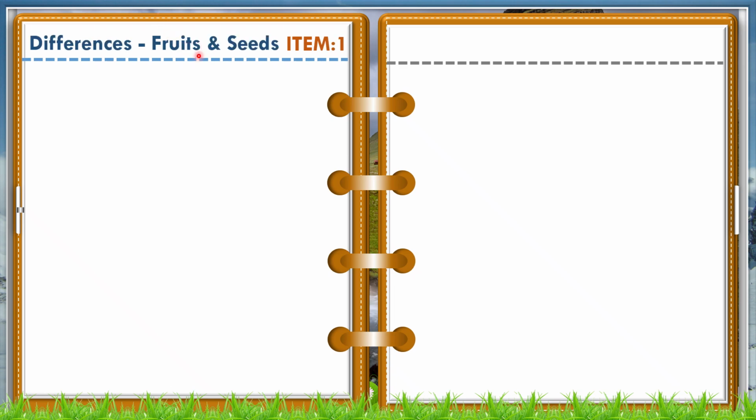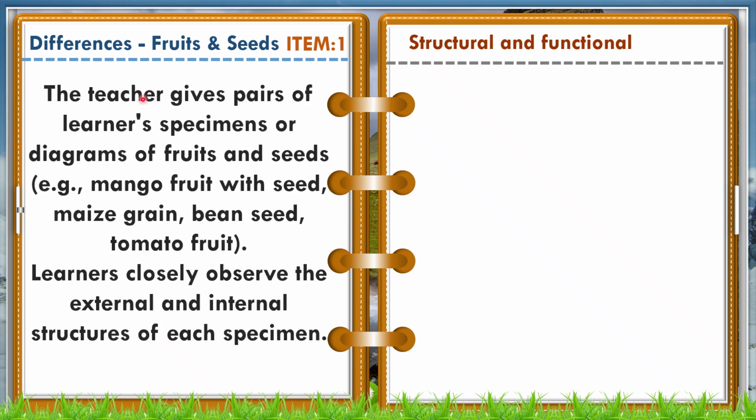Differences between fruits and seeds. Item 1. We are looking at structure and functional. The teacher gives pairs of learners specimens or diagrams of fruits and seeds.